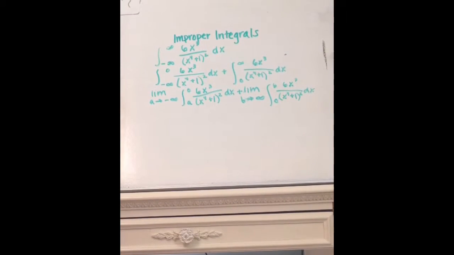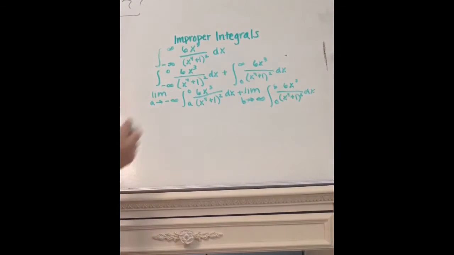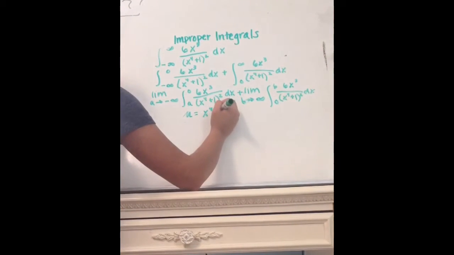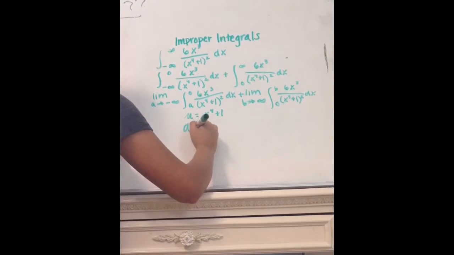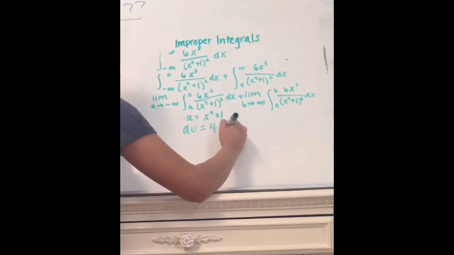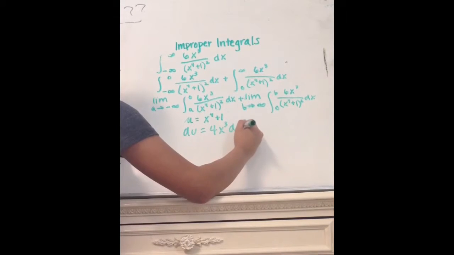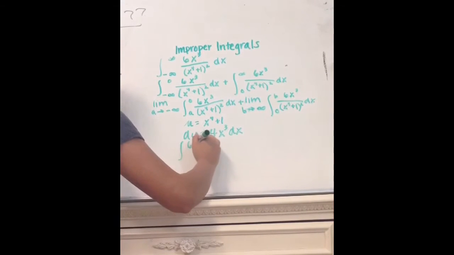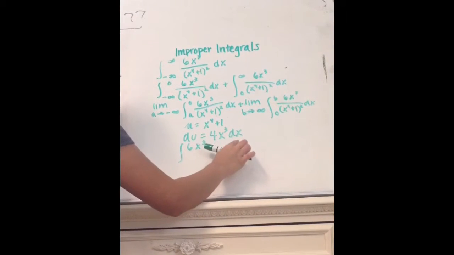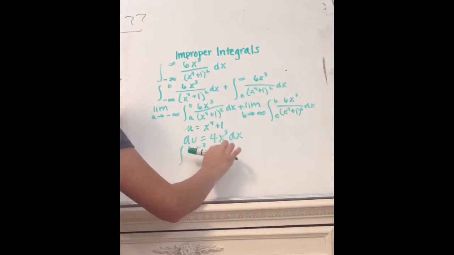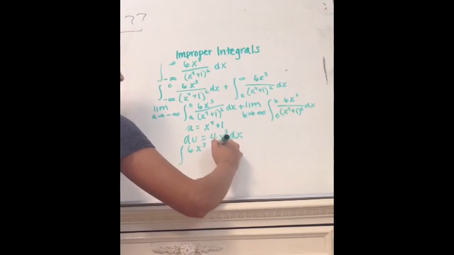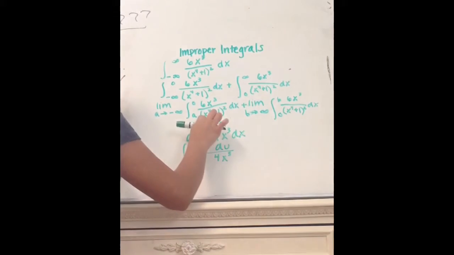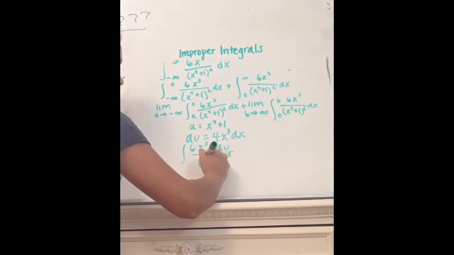Okay, so we're going to use u substitution to find this integral. So we'll set u equal to x to the fourth plus 1. du is equal to 4x to the third dx. And then we replace it back into the integral, so 6x to the third dx is equal to du divided by 4x to the third, and we have u squared right over here.